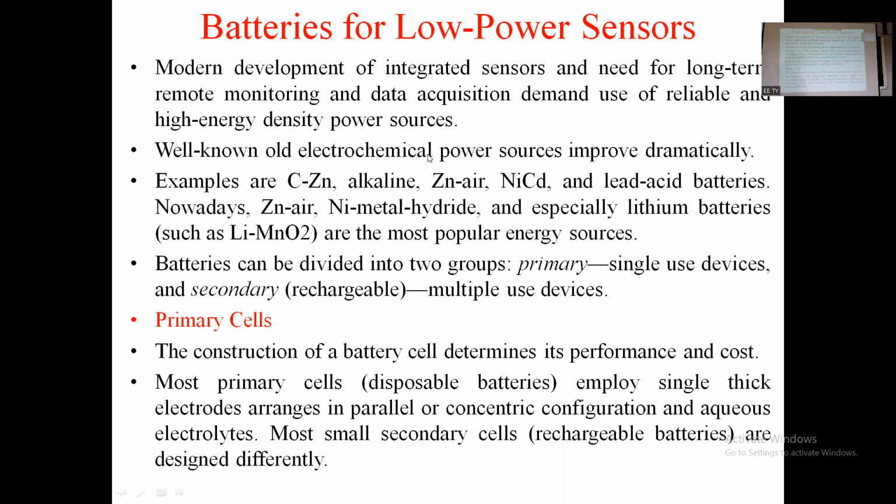primary cell is nothing but the disposable type of battery. In that battery, there is a single thick type of electrode which is used. Take electrode also. In that electrode, there is electrolyte. What is electrolyte?